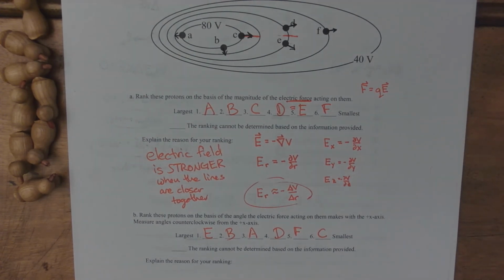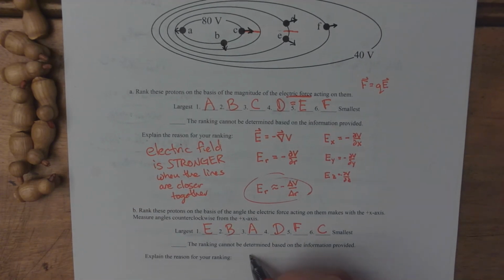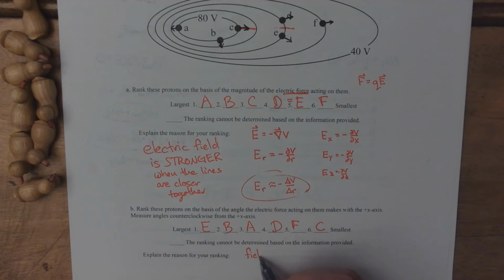So there's two important things that you should learn from this problem. The electric field is stronger when the lines are closer together. And one, the field points towards lower potentials.